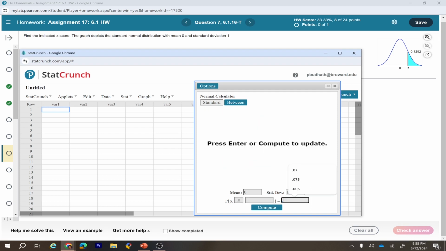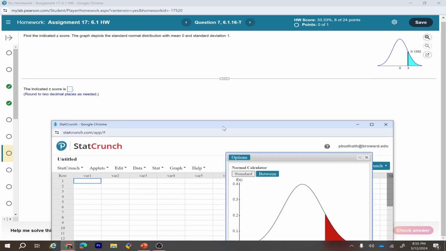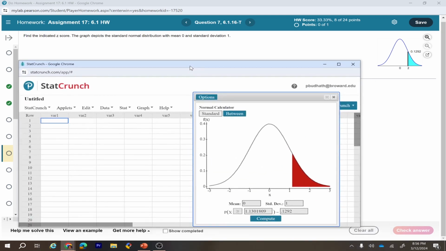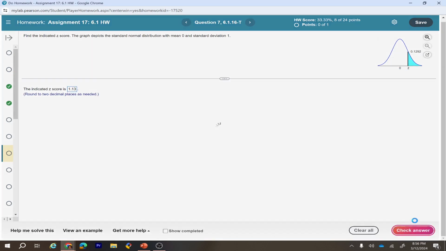You replace that with 0.1292. Also make sure the sign is right: if it's the right side, it's supposed to be greater or equal. You always find the same graph. This is the z-score such that the area to the right side of that z-score is 0.1292. If you round it to 2 decimal places, that's 1.13. That's the answer.